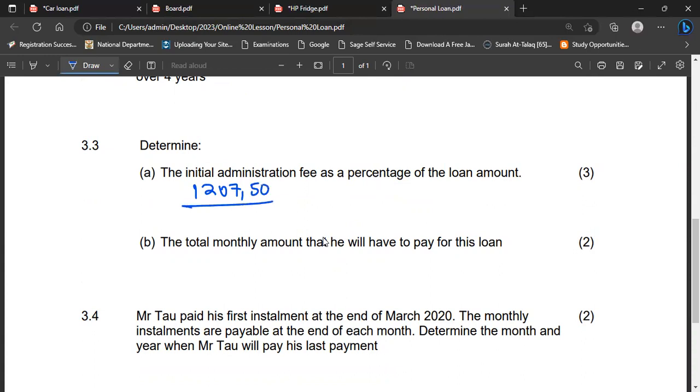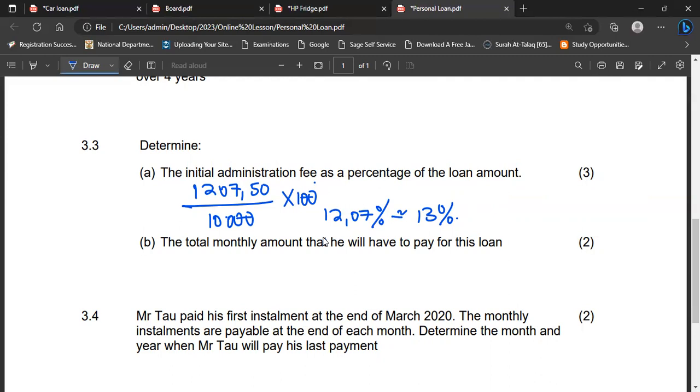You divide by the loan amount, but remember he has taken 10,000, times 100. This is approximately 13.